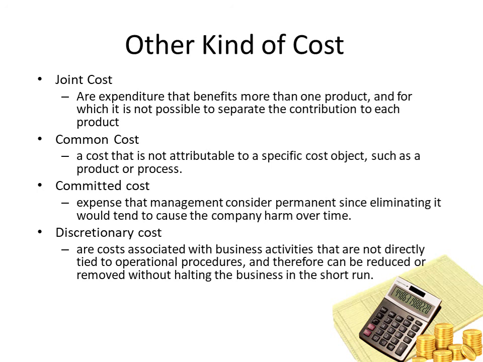So we could remove or reduce this cost. For example, in the pandemic, most employees were laid off, or instead of paying salaries, they were paid by their leave credits. So these are discretionary costs.